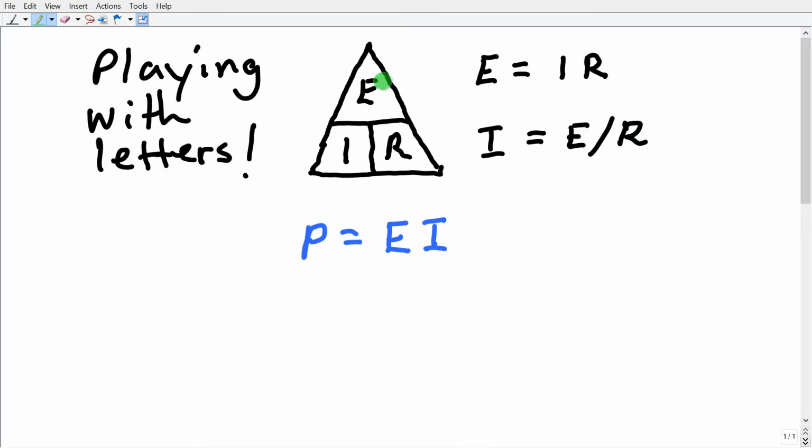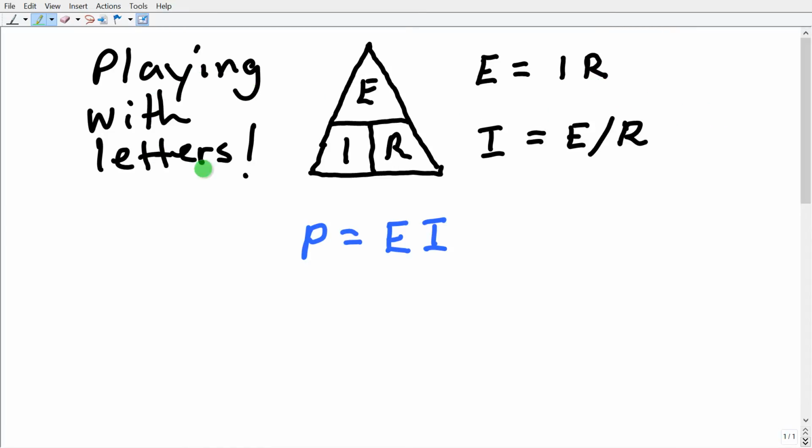You, of course, know Ohm's law by now. Formulas: voltage E equals current I times resistance R, and current I equals voltage E divided by resistance R, where voltage is expressed in volts, current in amperes, and resistance in ohms.